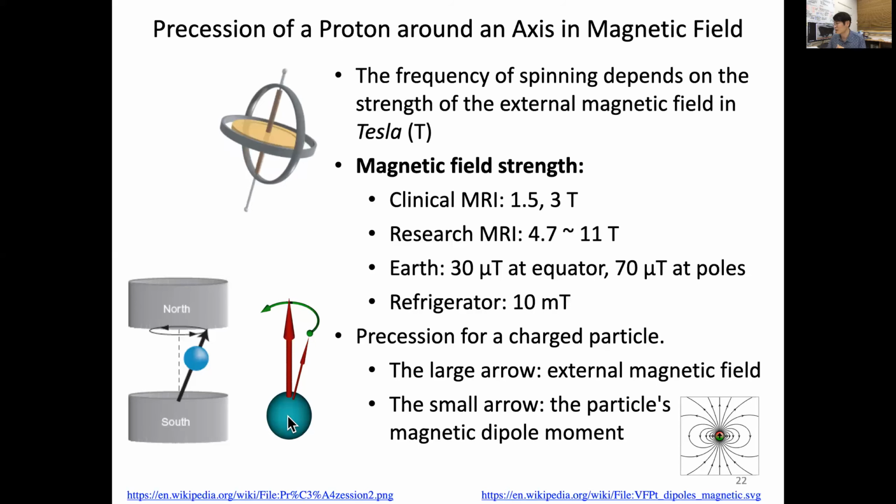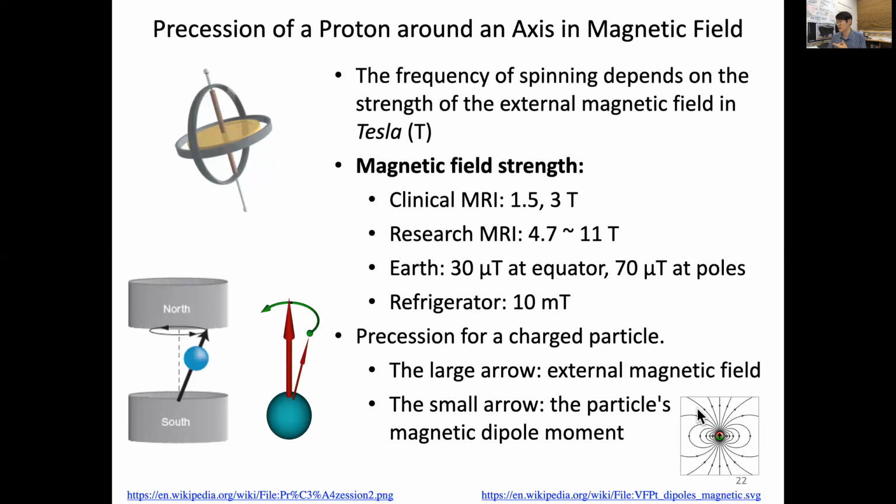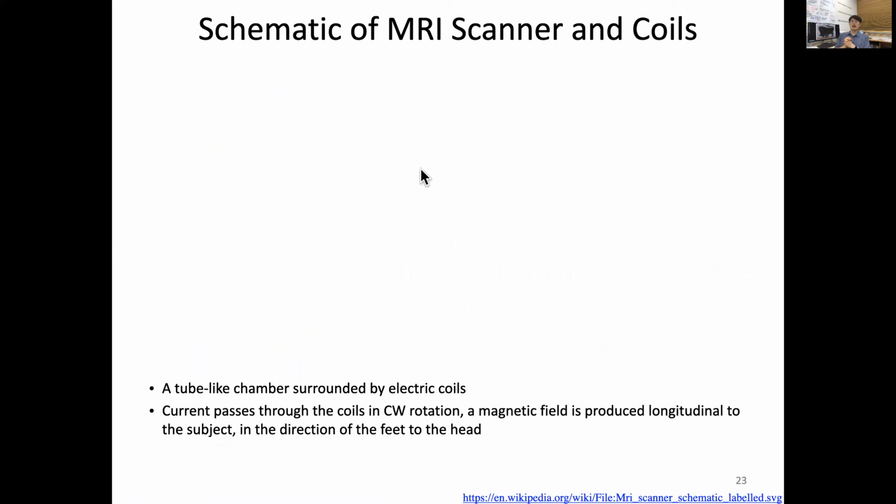Here I depict one kind of magnetic dipole moment. You can see tiny magnetic dipoles there. Externally, we give an RF pulse to perturb this dipole moment, but eventually they will recover to equilibrium. So we measure that kind of return or relaxation.